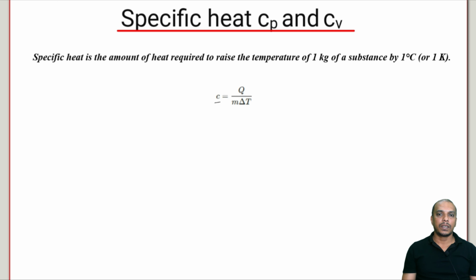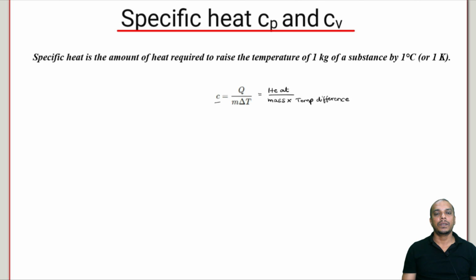It is given by Q divided by M into delta T, where Q is the heat required to raise the temperature, M is the mass, and delta T is the temperature difference in degree Celsius or in Kelvin.